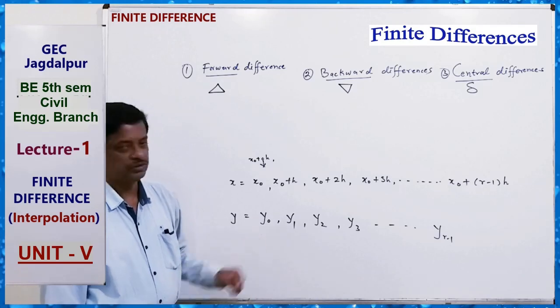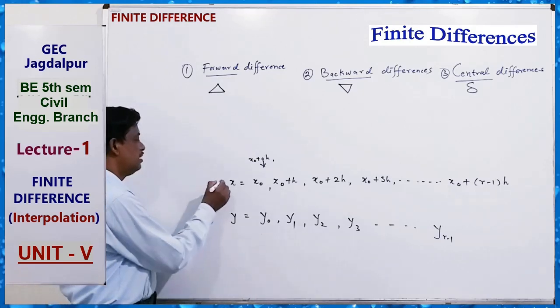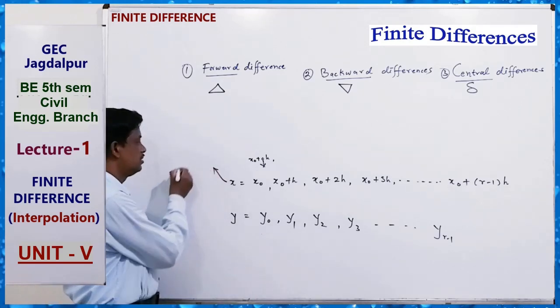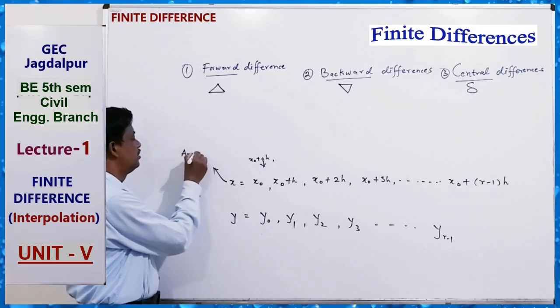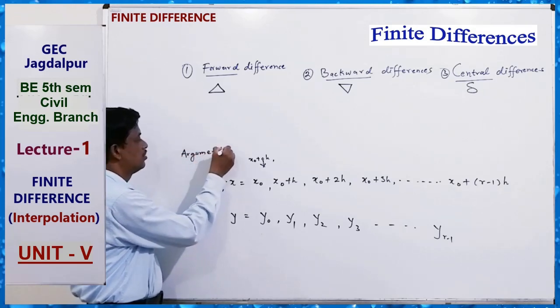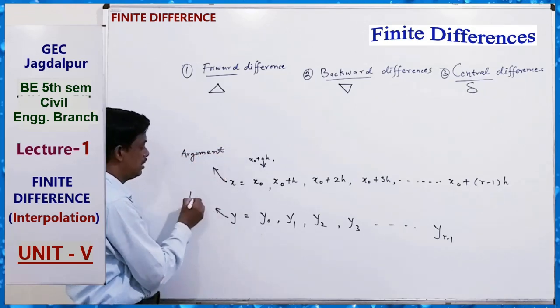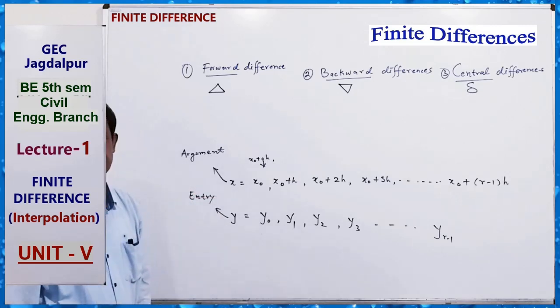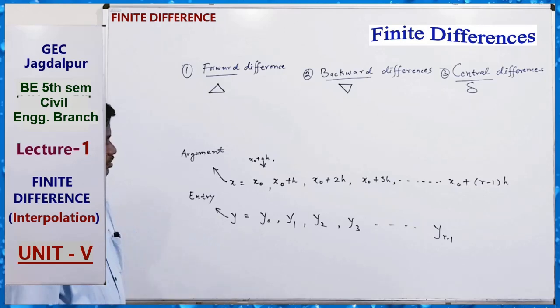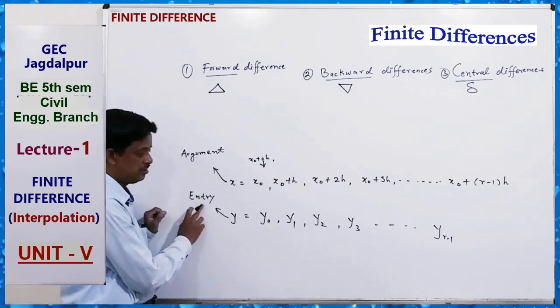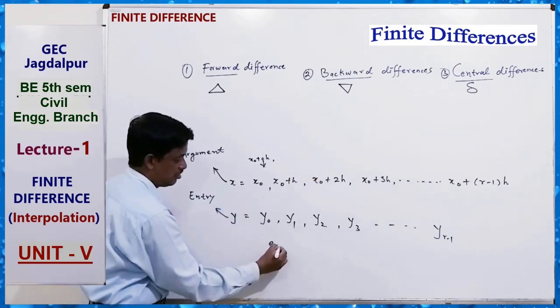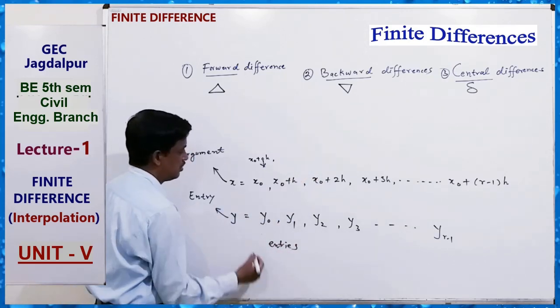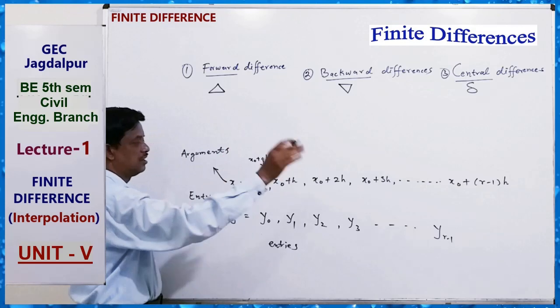Okay, this will be the notation, and x is called the argument and y is called the entry, the value of the function. In other words, the values of the function are the entries, and these are the arguments.